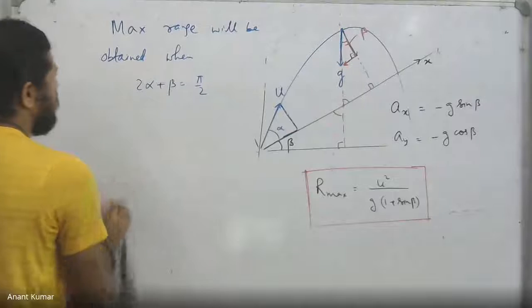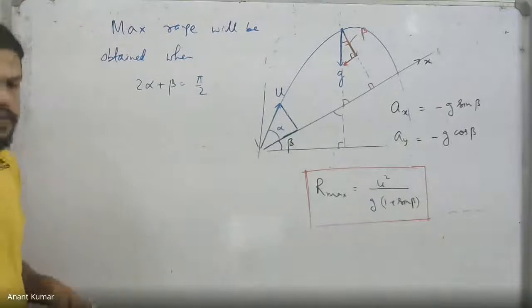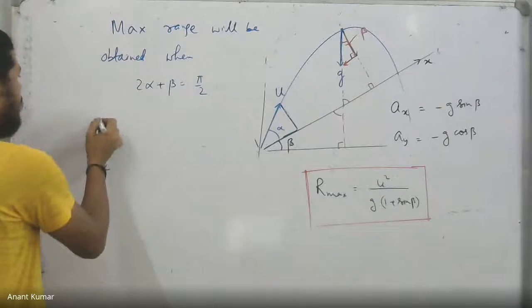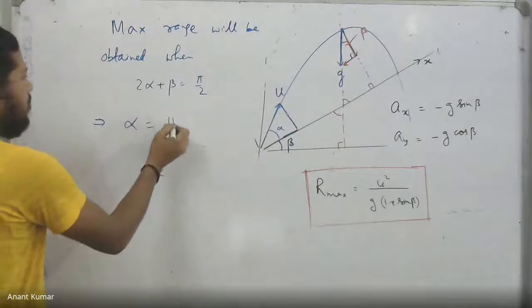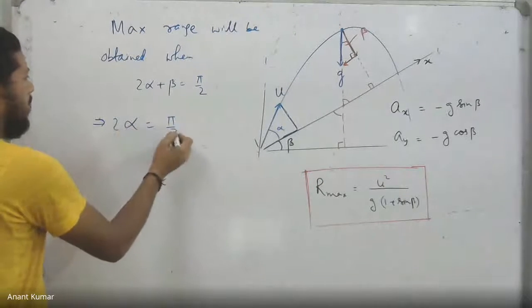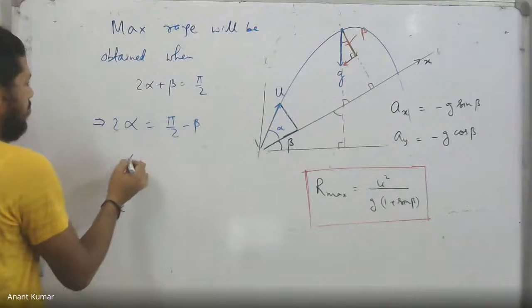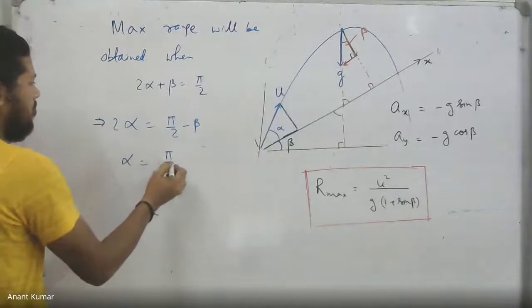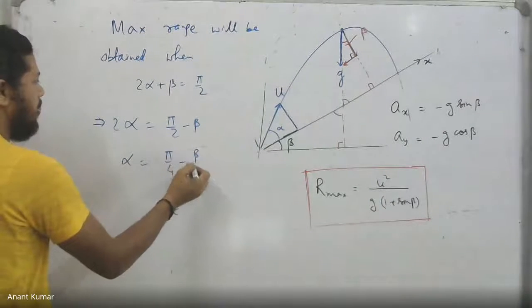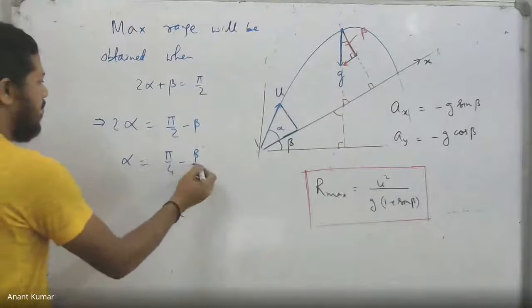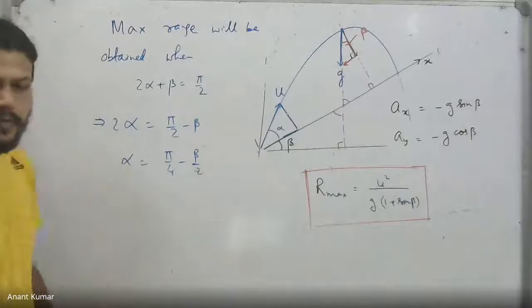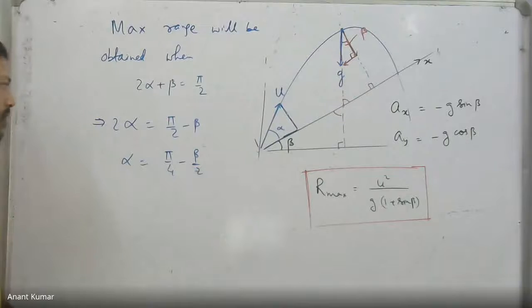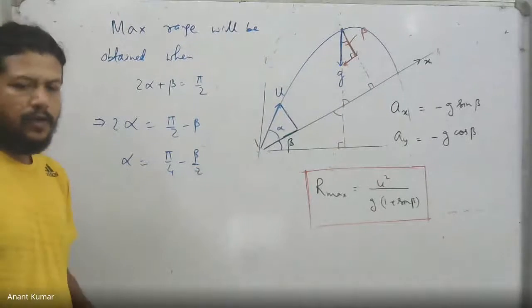This gives us a condition for the maximum range, which I could actually write down from here. 2 alpha is pi by 2 minus beta. Therefore, the angle alpha is nothing but pi by 4 minus beta by 2. That is the angle I must throw at if I want to attain the maximum range. And notice how significant this particular angle is.